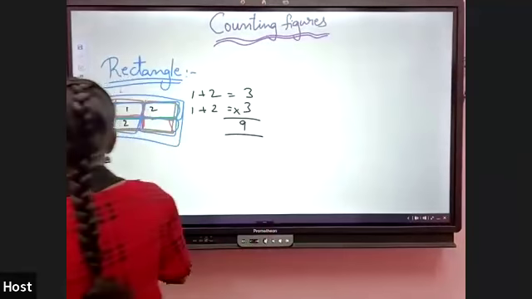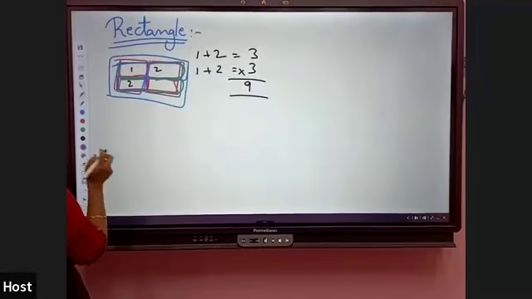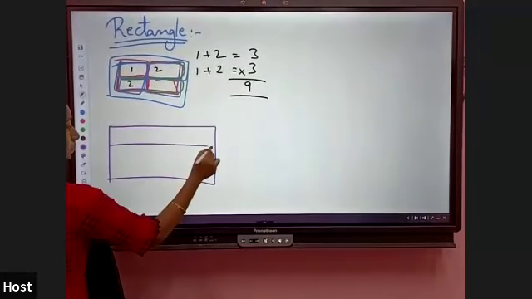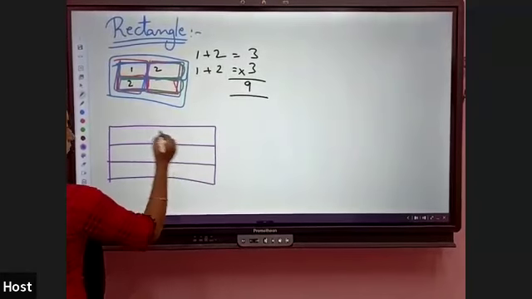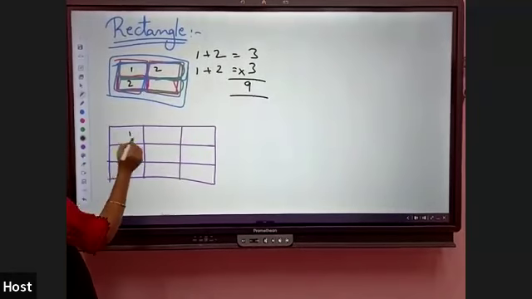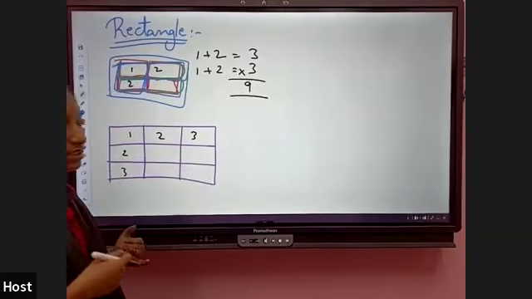So let us do another example. Now here 1, 2, 3, 3 columns are there. 1, 2, 3, 3 rows are there.